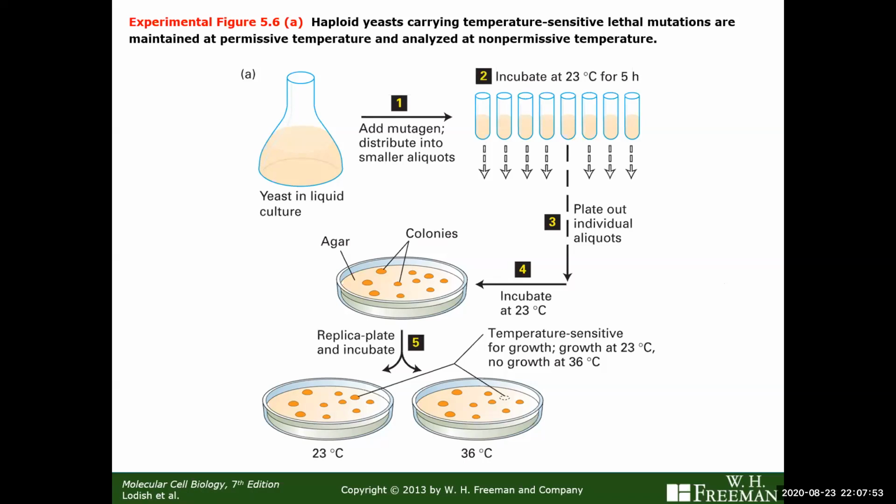As the English suggests, conditional mutation means in certain conditions they will behave as wild type, in other conditions they will behave as mutants. In this particular case, the condition is temperature: at a lower temperature the cells will behave as wild type, and at an elevated temperature the cells will behave as mutant.